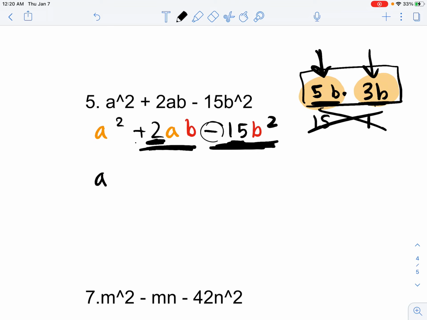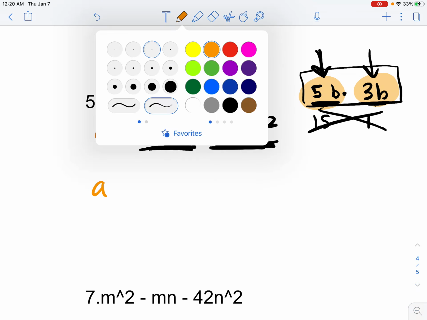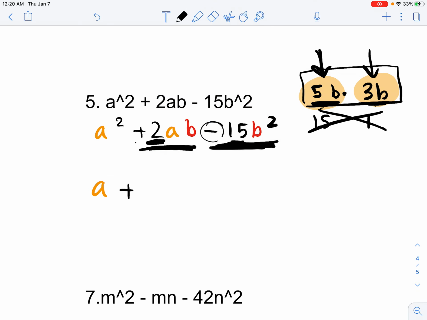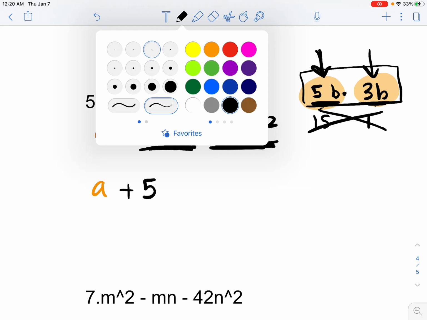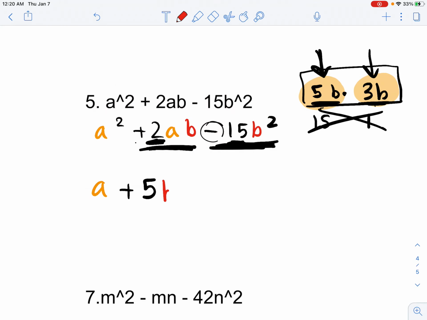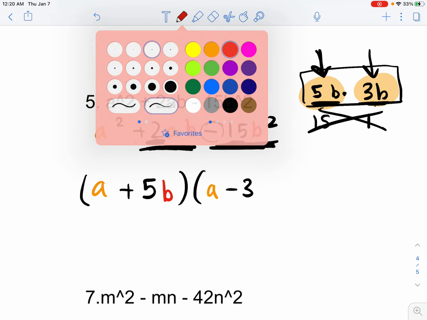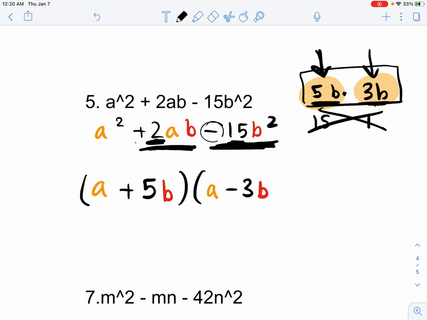So in that case, your answer can only be a plus 5b times a minus 3b. And that's how you factor that equation out.